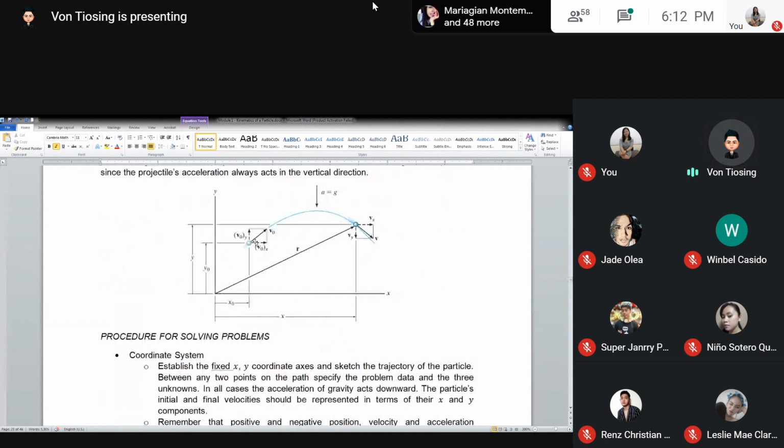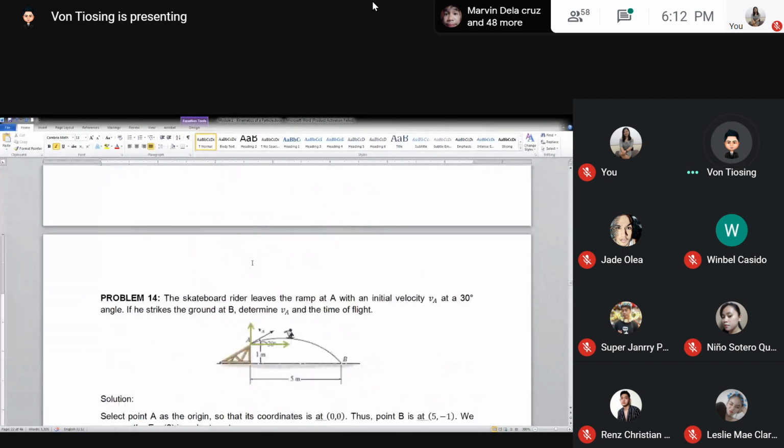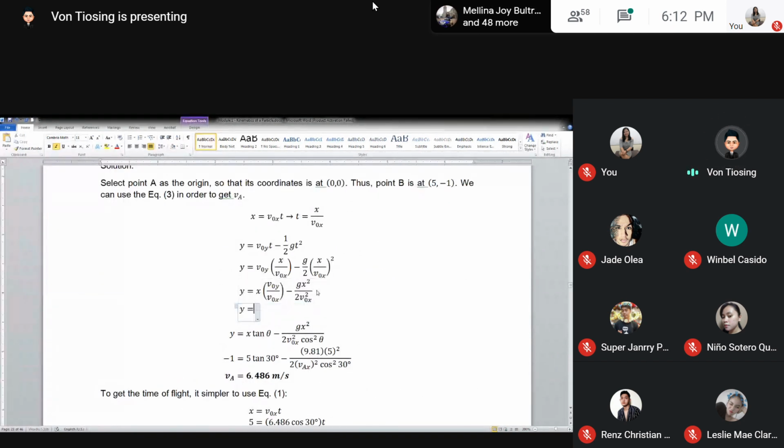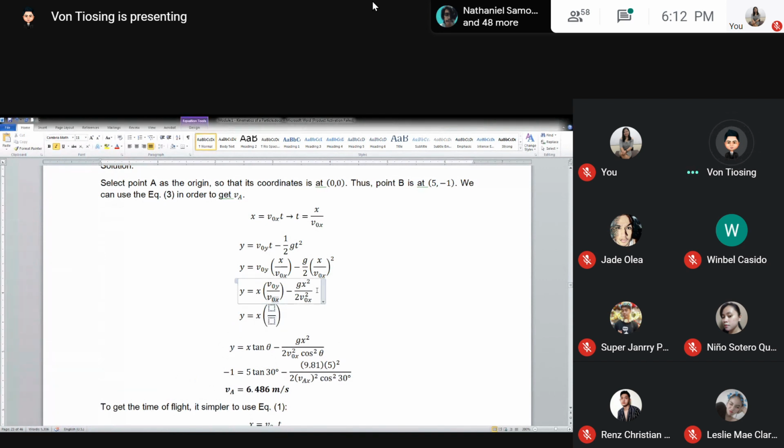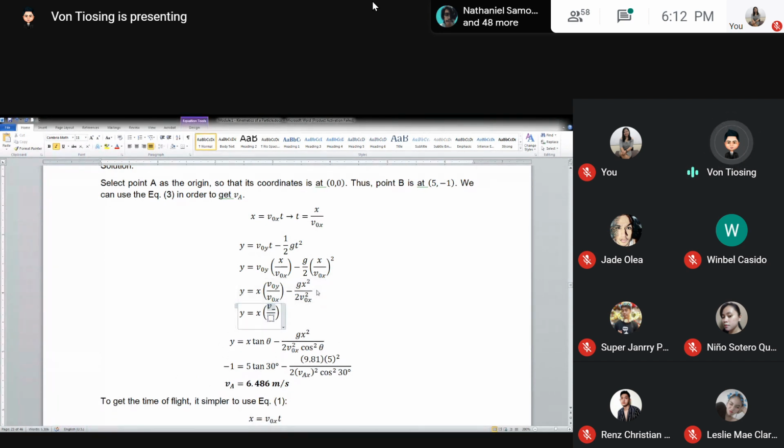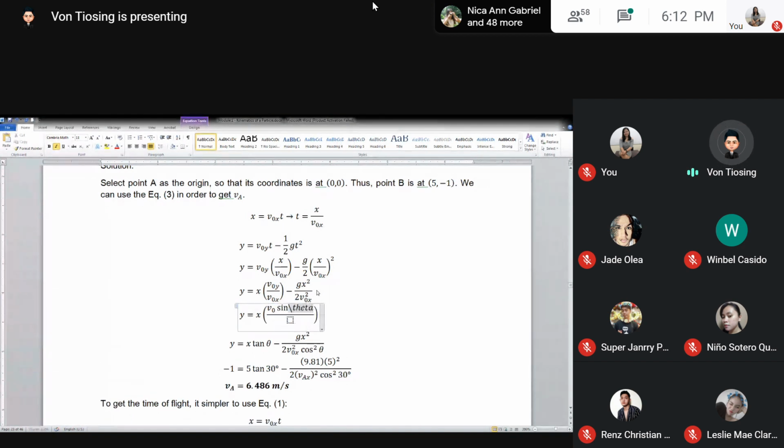So, kung titingnan natin dito, obviously, kung ito yung theta, no? Hindi nakalagay rito. So, if you notice that this one is the x and y components of the velocity, so we can say that this is what? y equals what? x times what? V naught y is equal to what? V naught times sine of theta. Okay? Then v naught x is v naught cosine of theta.